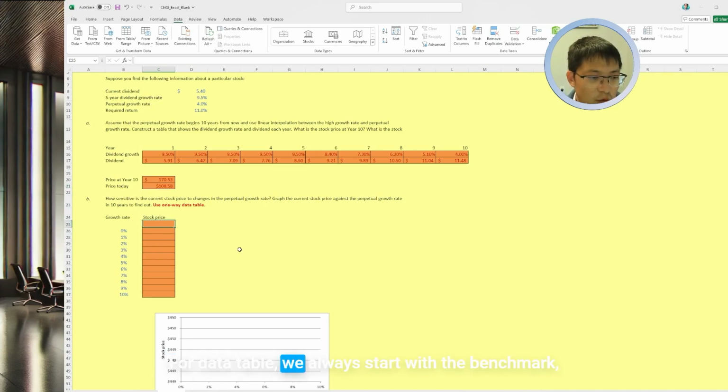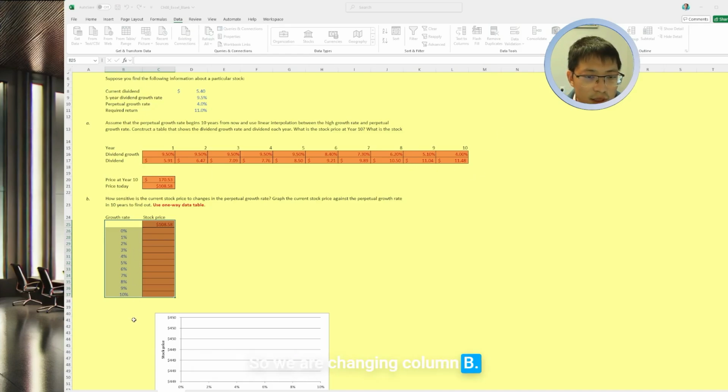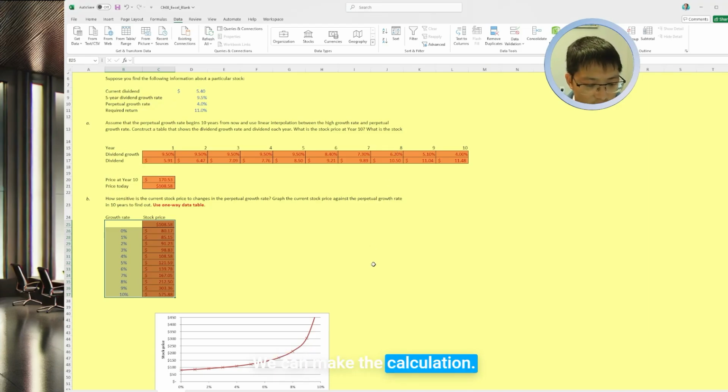For a data table, we always start with the benchmark, which is the one that we just calculated. And then we select the whole area, go to Data, What-If Analysis, then Data Table. We're changing the column input and also this row input, which can make the calculation.